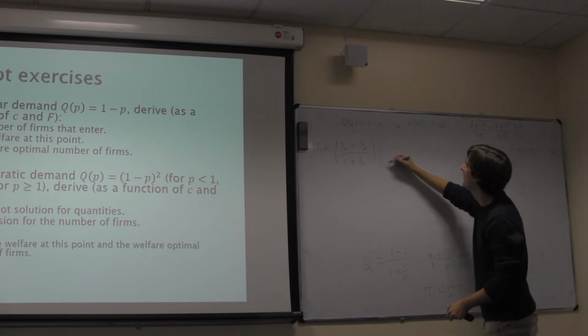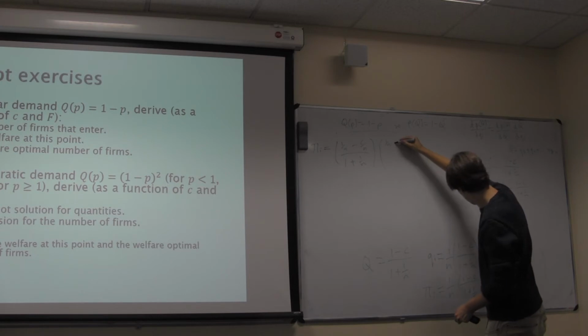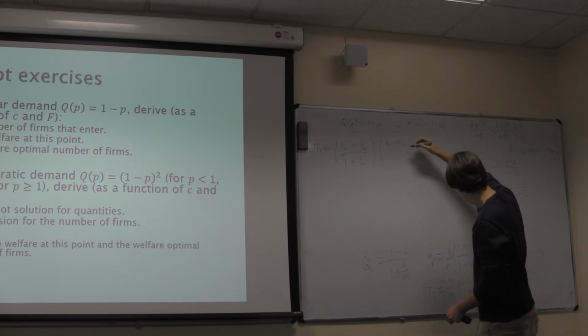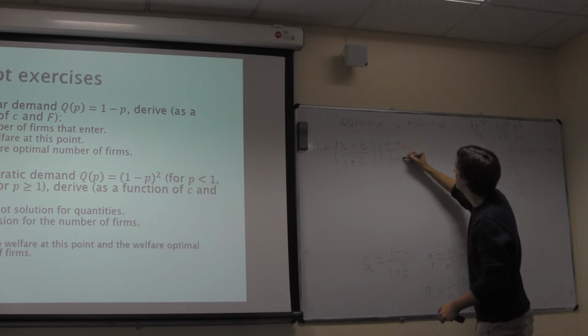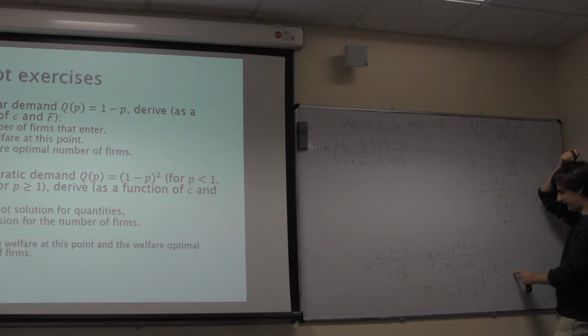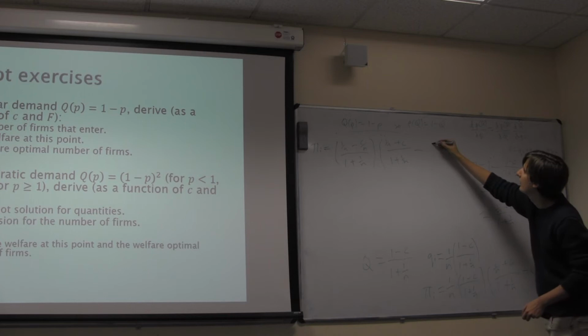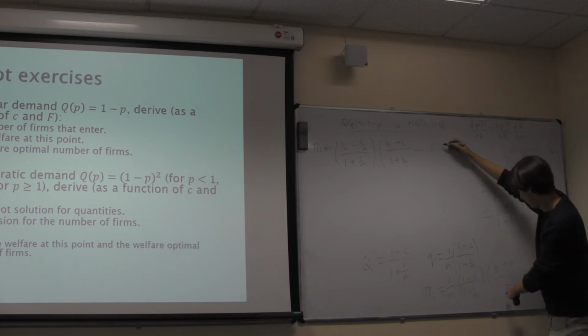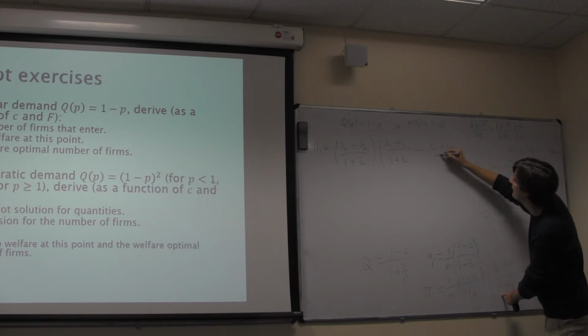which is 1 over n plus c over 1 plus 1 over n minus c, which we're going to write as c plus c over n divided by 1 plus 1 over n.